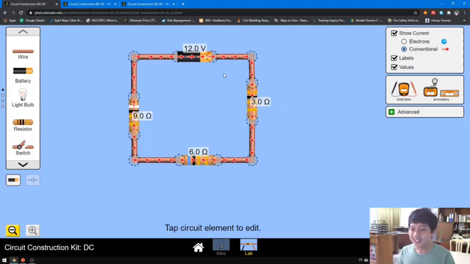Nonetheless, it's just an idea of how the electricity will flow. If you ask me, I'm going to focus on electrons flowing because this will help me know how it really flows.